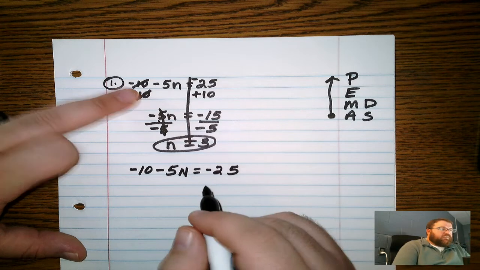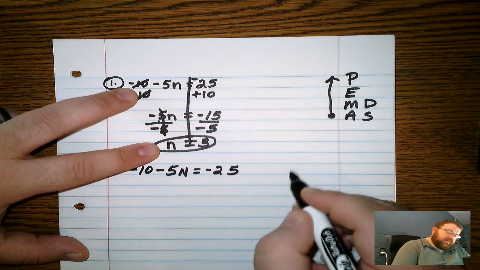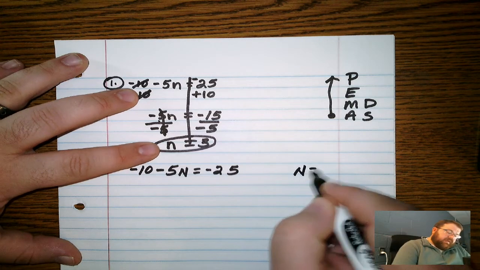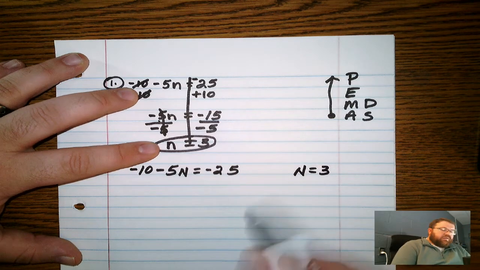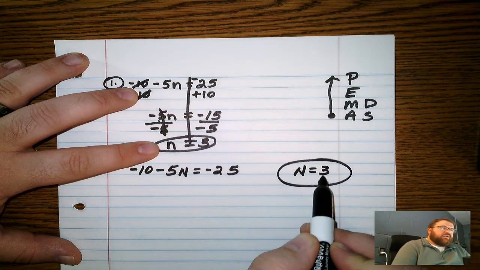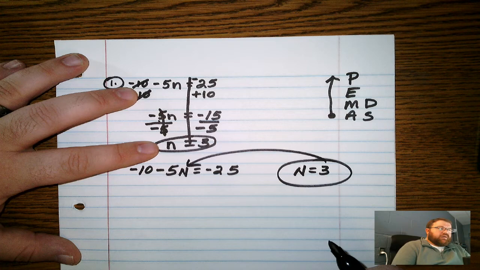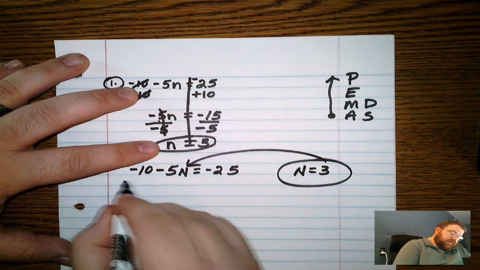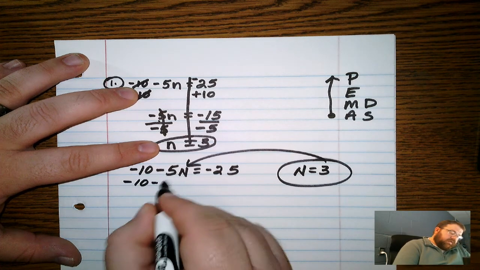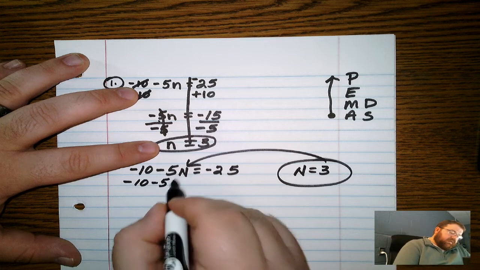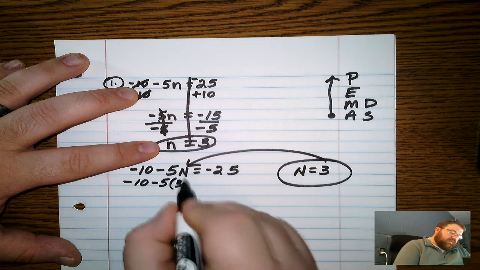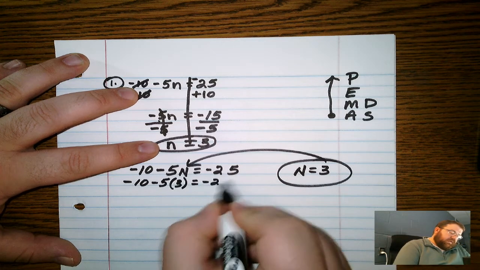Now we just solved this where we know that n is equal to 3. So I'm going to take our value of n and substitute it in for the n. So I have -10 minus 5 times 3 is equal to -25.